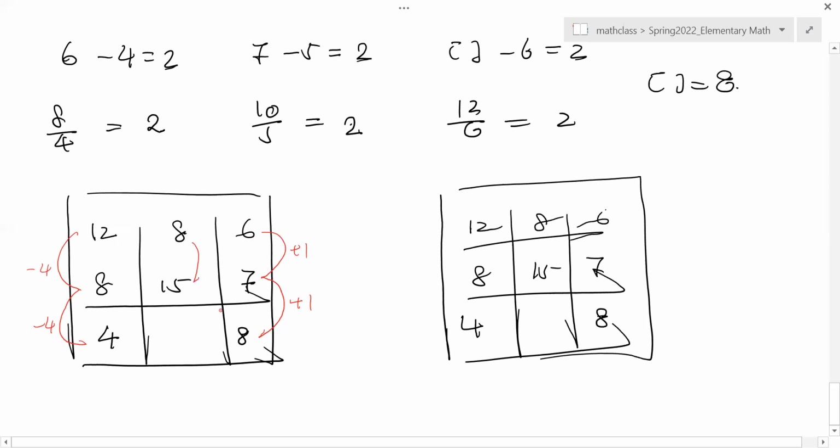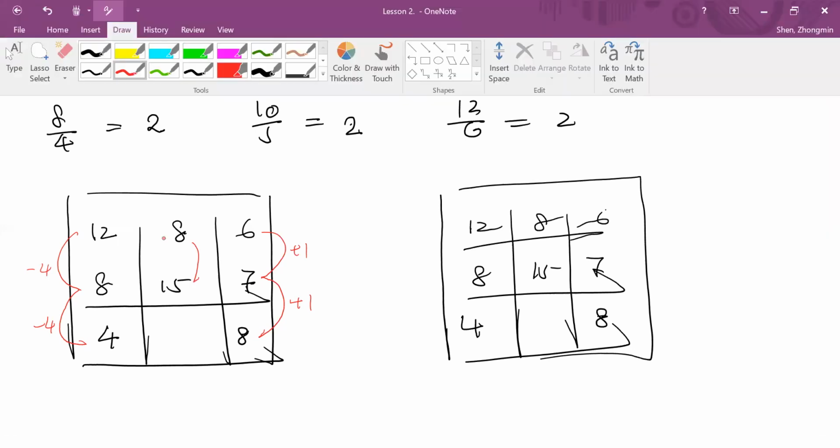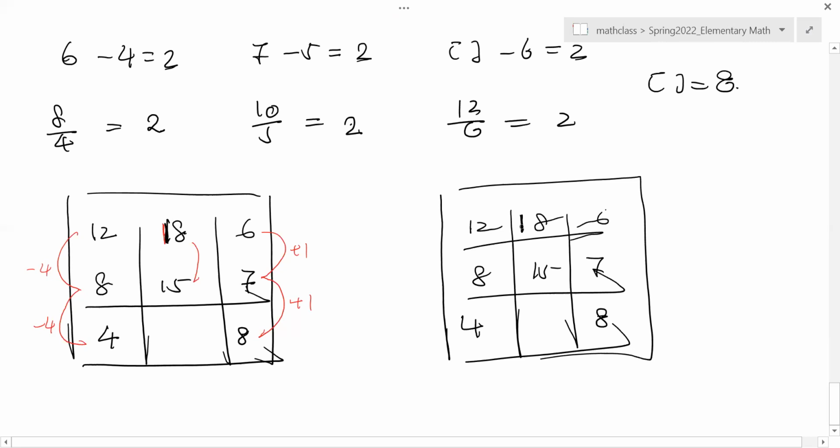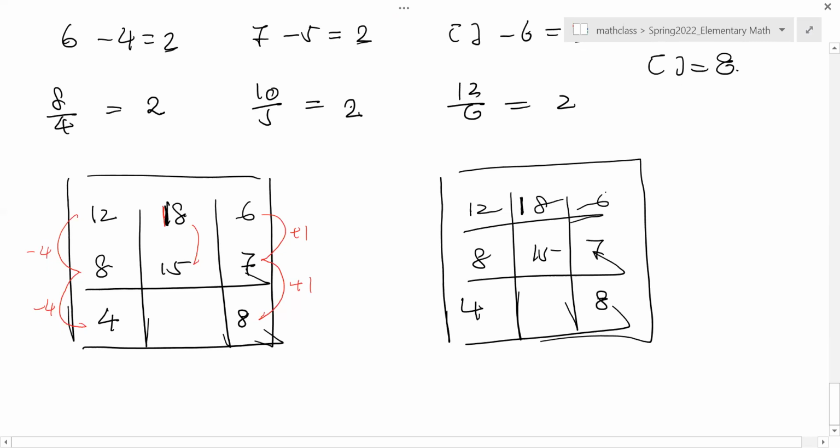Wait a minute. Did I copy wrong? I'm sorry. Yes, this is 18. The 18 was missing here. All right, now it works. Sorry for that. When I was thinking of 18, I didn't write it.